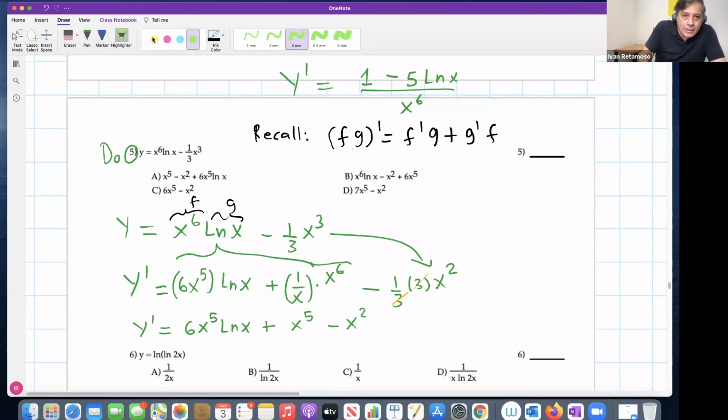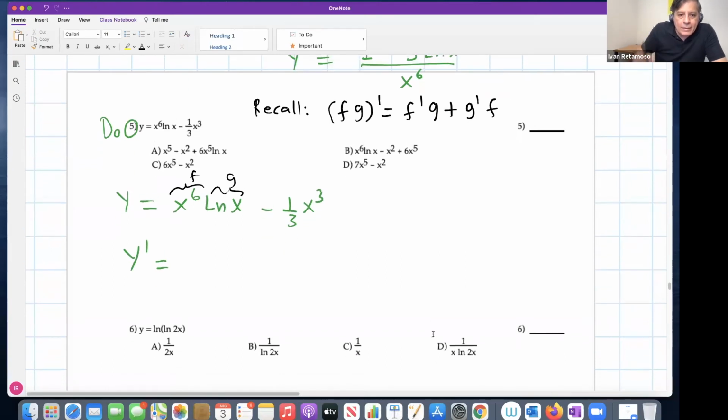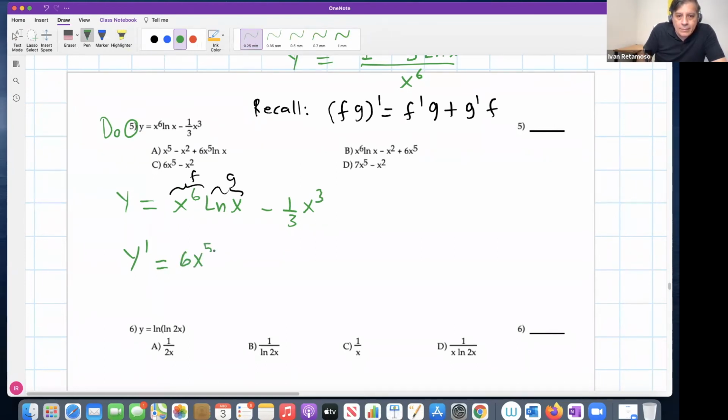You may say, Professor, but it's all scrambled. I will show you. Notice this guy. Again, kind of consistent with the rule that I gave you, right? That somehow mathematicians tend to write the complicated stuff at the end. Let me just write it quickly. Derivative of the first, 6x to the 5th, plus the derivative of the other guy, 1 over x times x to the 6th.